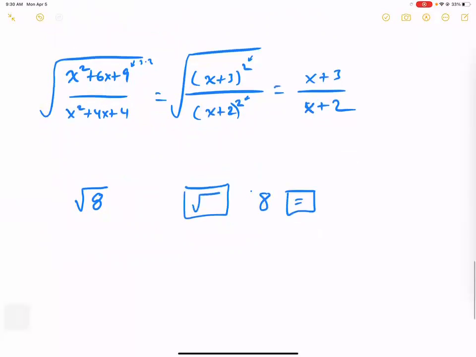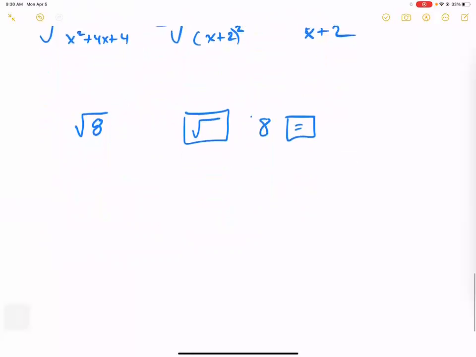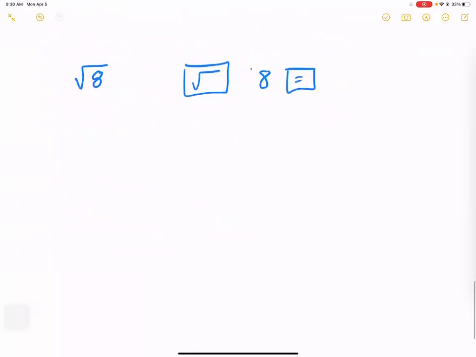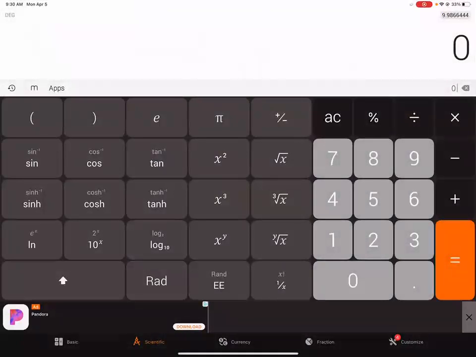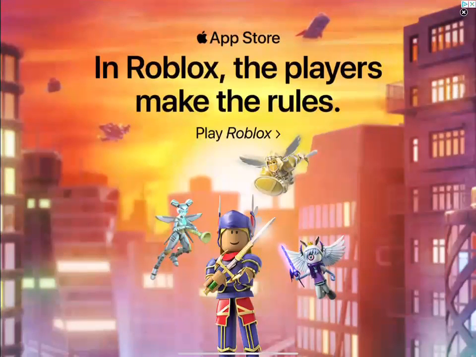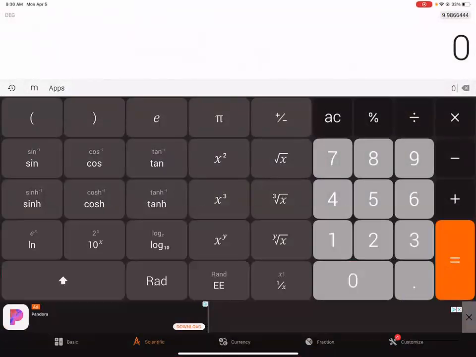But if you have something like I do, using this iPad, a cheap version of it, you can see that I have a square root button right there. For me, if I just hit square root all day long, it's not going to work.